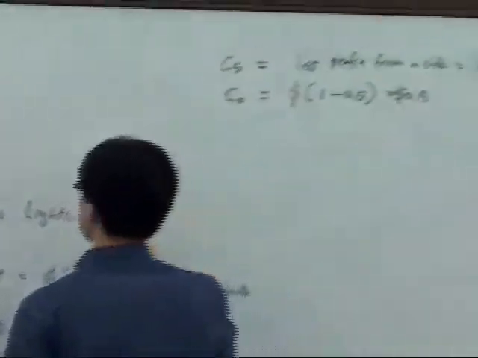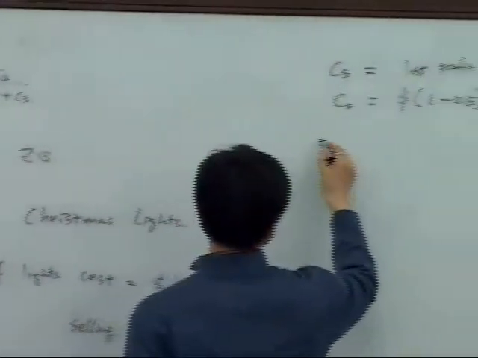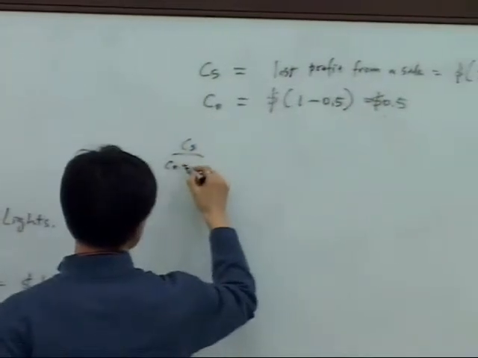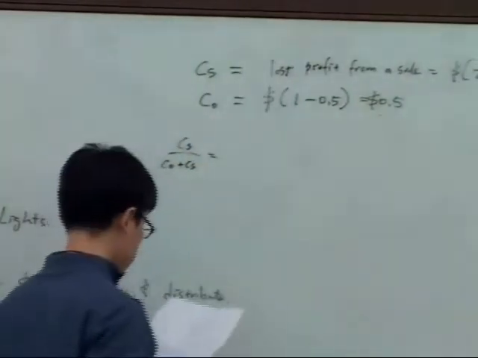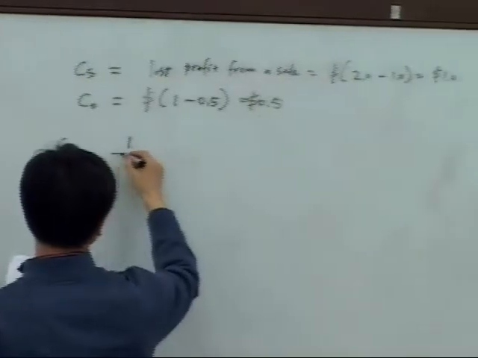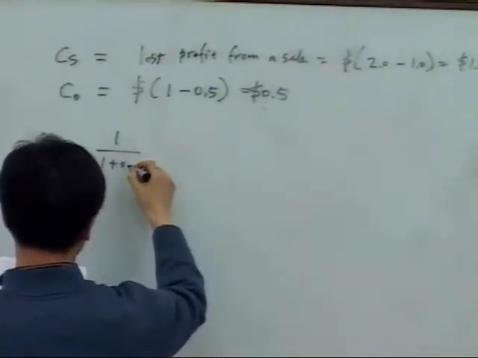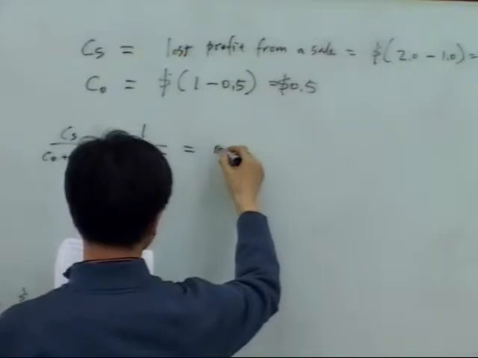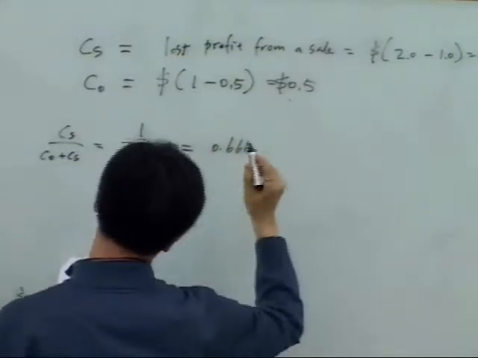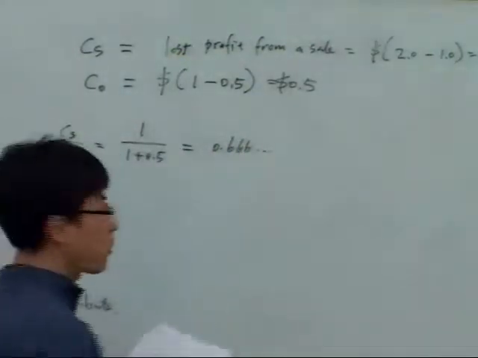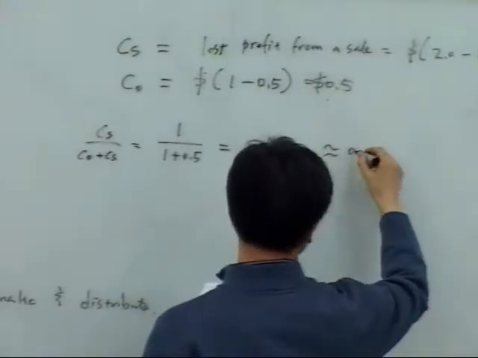Based on these two pieces of information, we can calculate this. CS over CO plus CS is 1 over 1 plus 0.5. It's about 0.666, or 0.67.